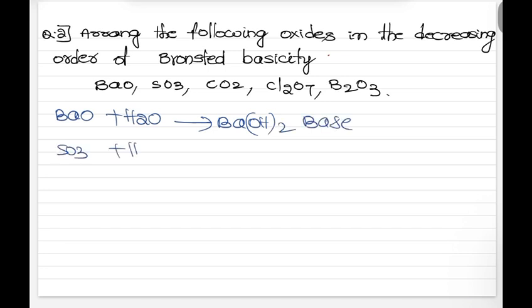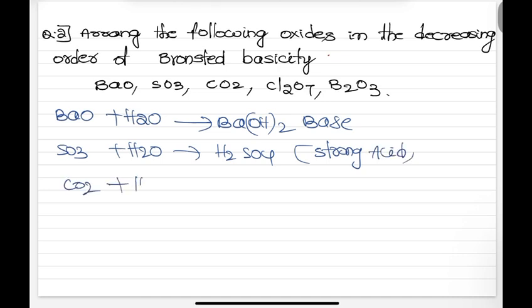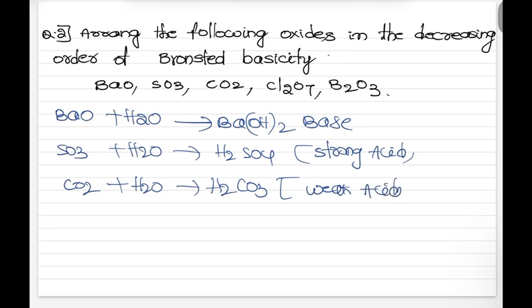SO3 plus H2O forms H2SO4, a strong acid. Next, CO2 plus H2O forms H2CO3, which is weakly acidic in nature.